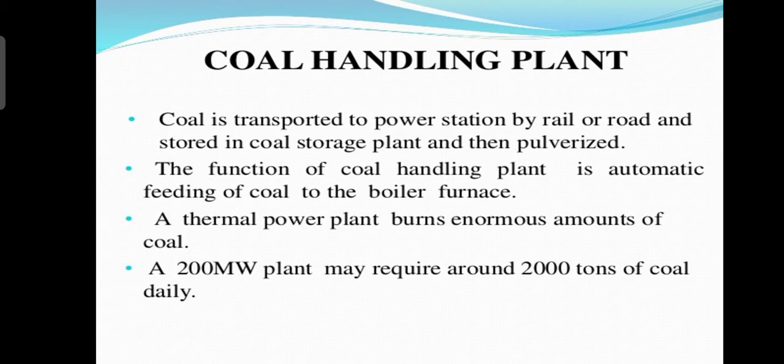Coal handling plant. Coal is transported to the power station by rail and road and stored in the coal storage plant. The function of the coal handling plant is automatic feeding of coal to the boiler furnaces.